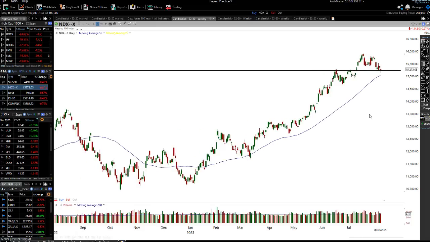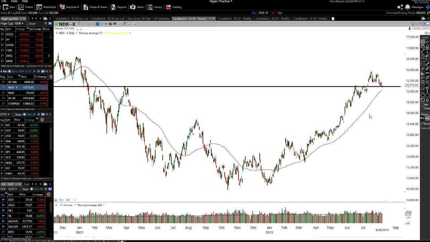So when we're looking at the Nasdaq, from that perspective, because we've had such a big move to the upside, we could see that, or instead of seeing a big pullback, we could see maybe even just a bit of sideways movement for a while as this flattens out.